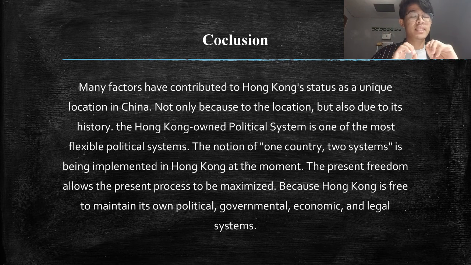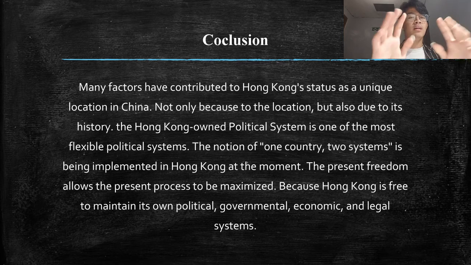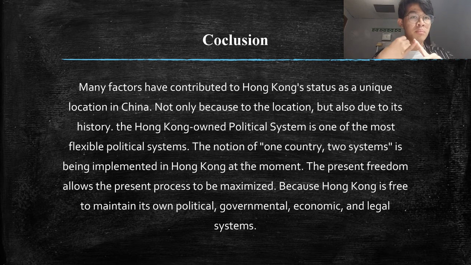And then China promised Hong Kong that China will not cause any problem, and China gave Hong Kong special administrative region status because Hong Kong can rule by their own rule. They can grow by their own growth.